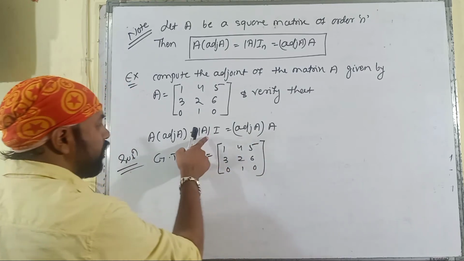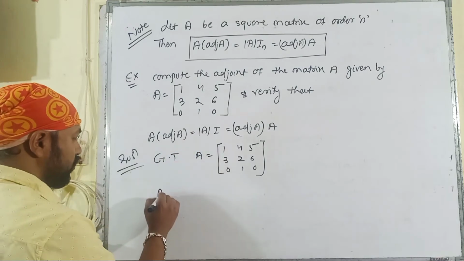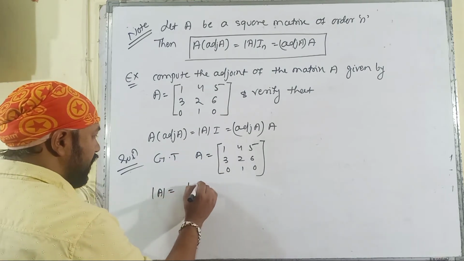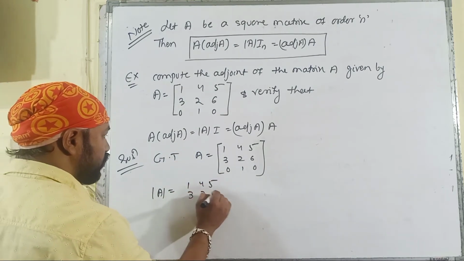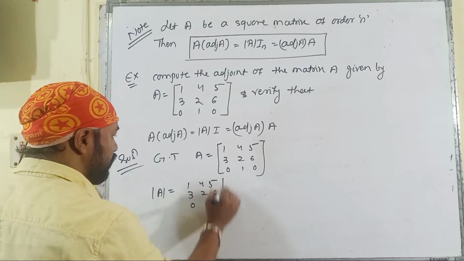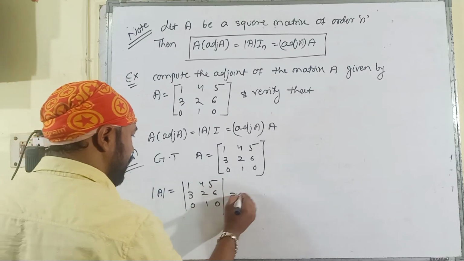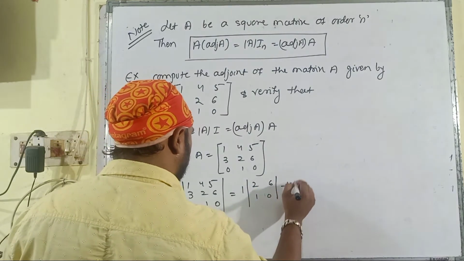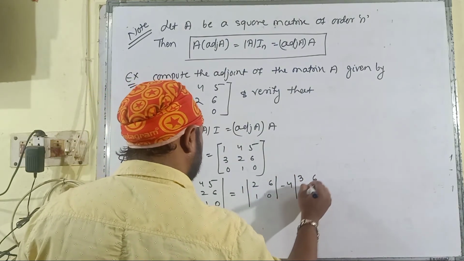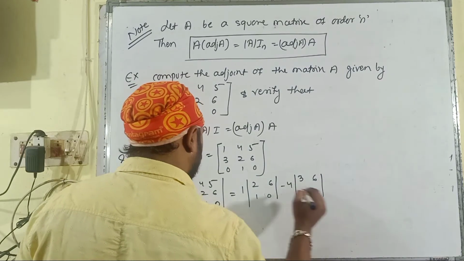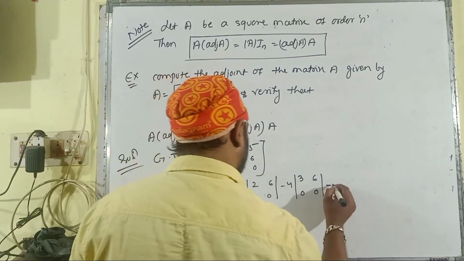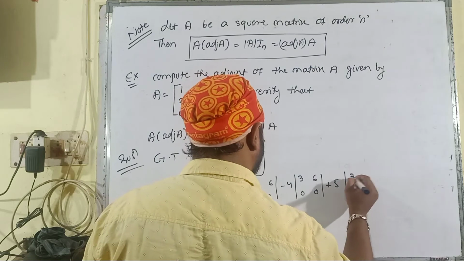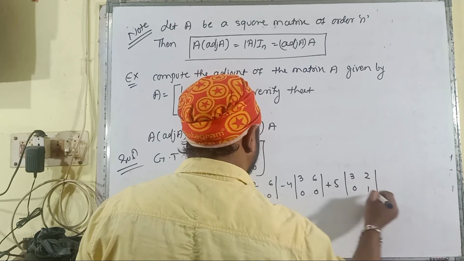First of all, we have to find out the determinant of A. So determinant of A is the determinant of 1, 4, 5, 3, 2, 6, 0, 1, 0. Then it is 1 multiplied with the determinant 2, 6, 1, 0, minus 4 multiplied with the determinant 3, 6, 0, 0, then plus 5 multiplied with the determinant 3, 2, 0, 1.